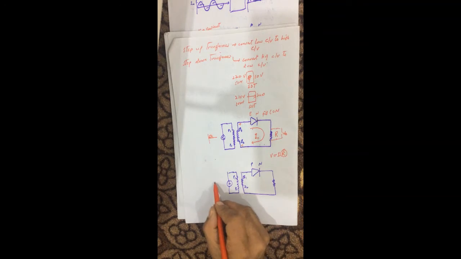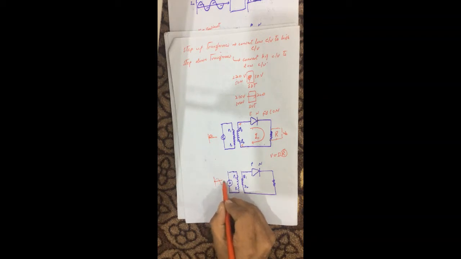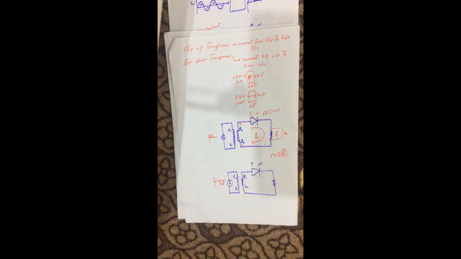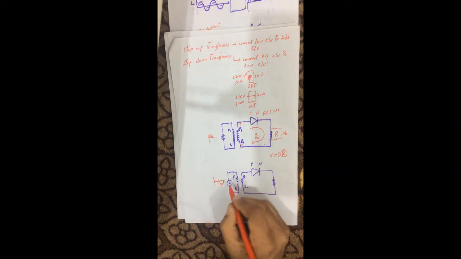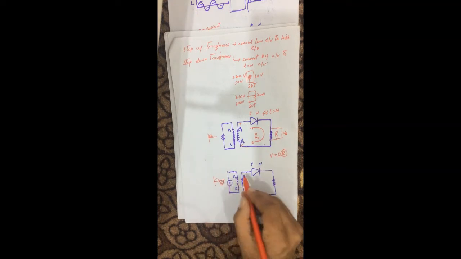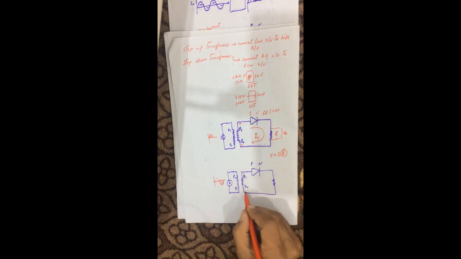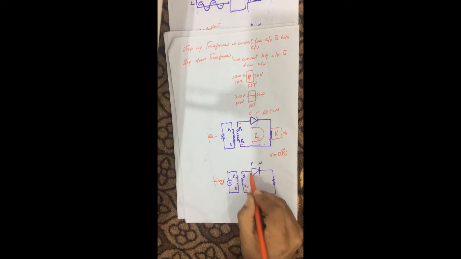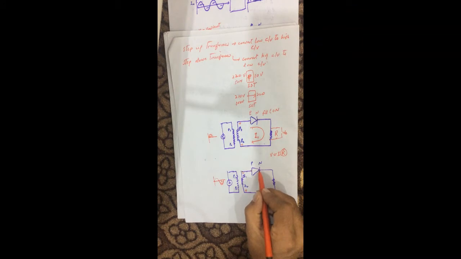Now let's suppose the negative half cycle, this was the positive half cycle. Let's suppose this negative half cycle reaches the secondary coil. Then this will become negative and this will become positive. Now the negative terminal is connected to the P region and the positive terminal is connected to the N region.